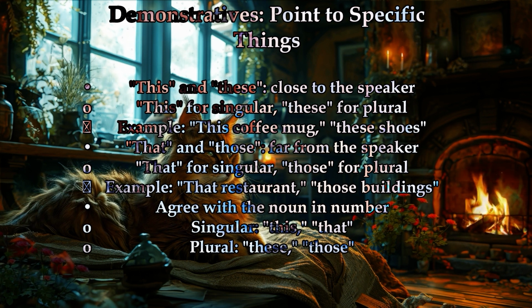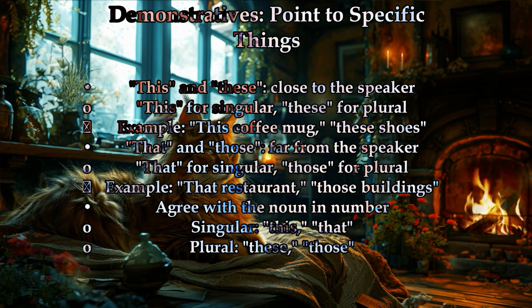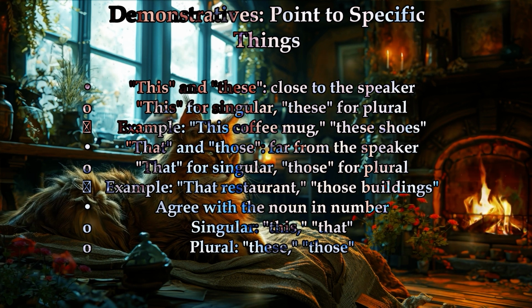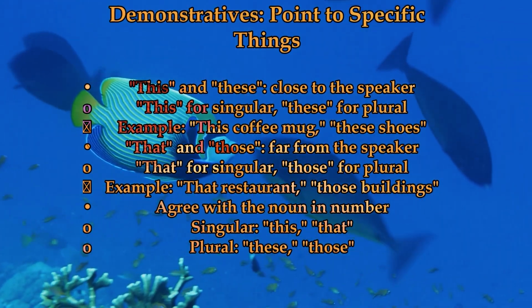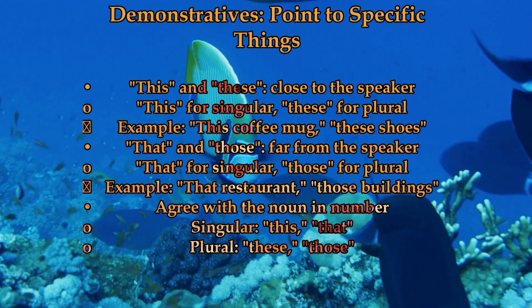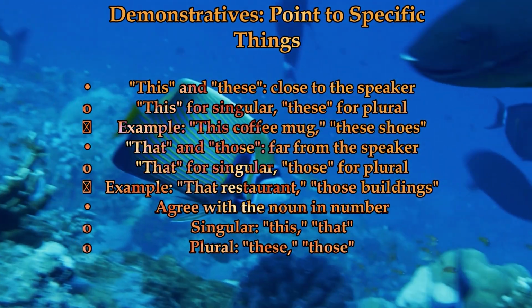Here are some examples. 1. In the sentence, "This coffee mug was a gift from my sister." This is used because the mug is close to the speaker. 2. In the sentence, "Those buildings in the distance are part of the university campus."